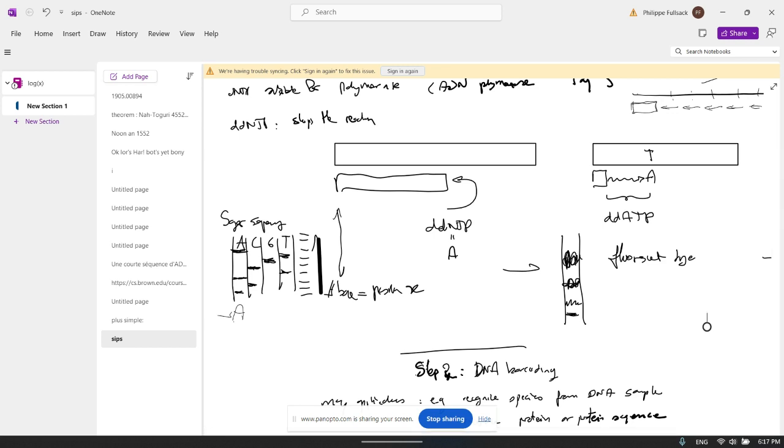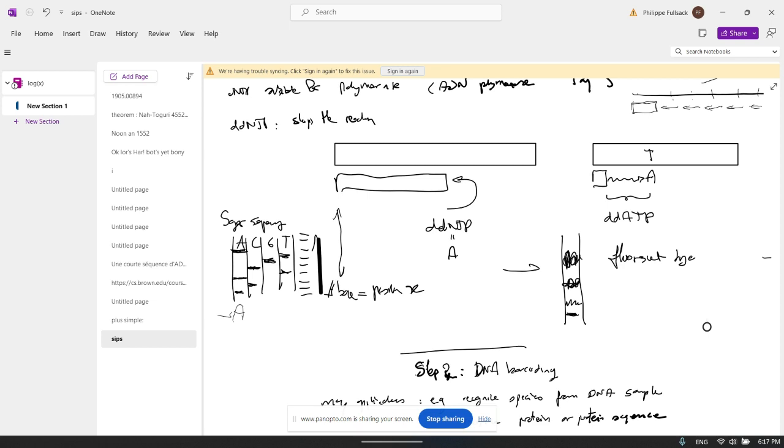And you can apply this idea for RNA and so on. Another remark is that we don't have to use 4 tubes.